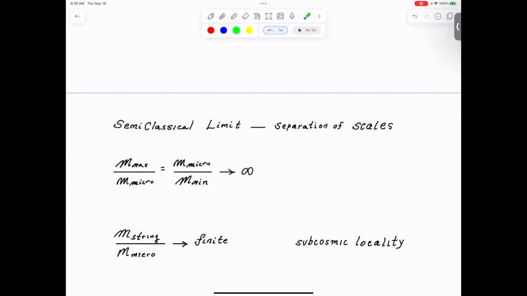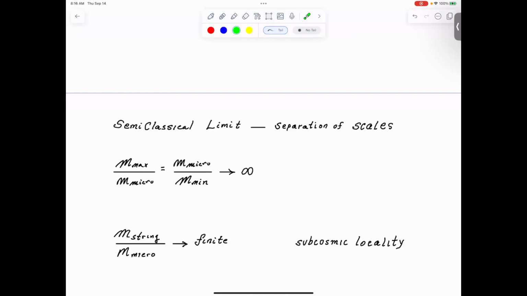Okay, now there's a concept which I call the separation of scales. It's the fact that in the semi-classical limit, in which the entropy becomes infinite, the ratios of some of these scales diverge. For example, the maximum to the microscale diverges in the semi-classical limit.